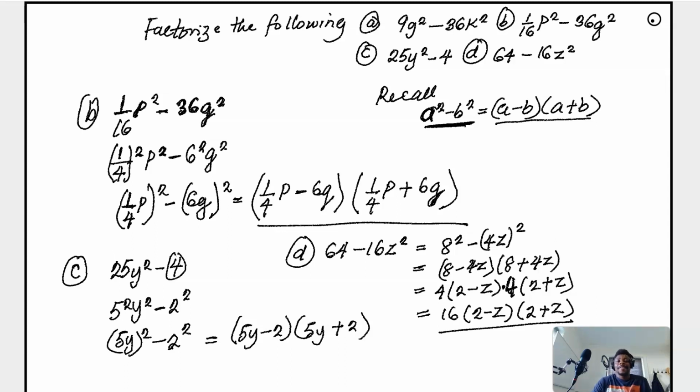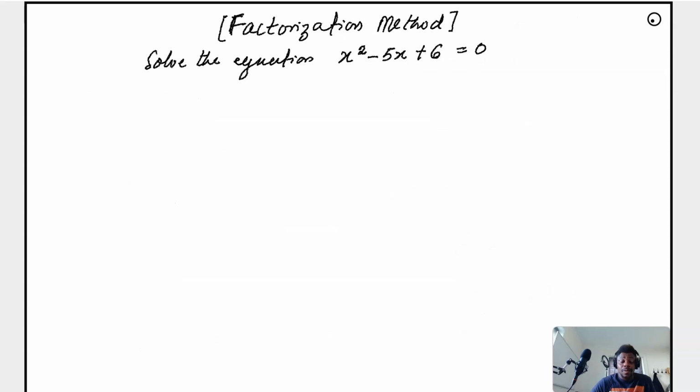So that is that. Now let's go into the factorization method, using that to solve quadratic equations. Now we are asked to solve this equation. We already know this is a quadratic equation, but here we want to use the factorization method.